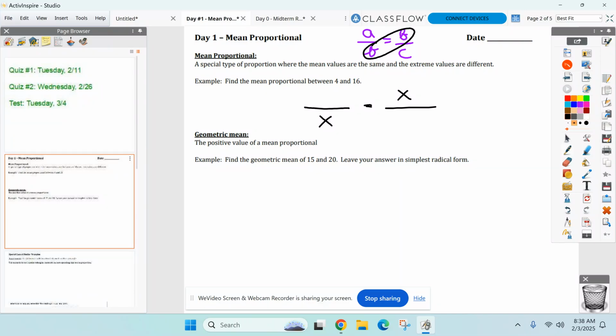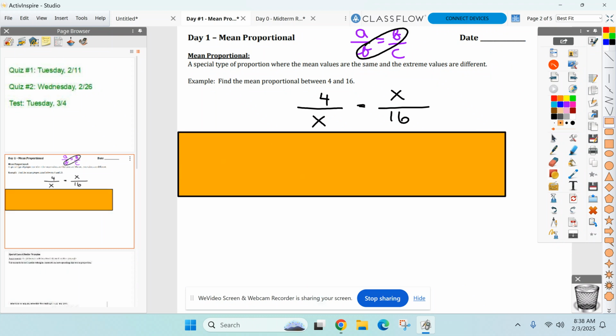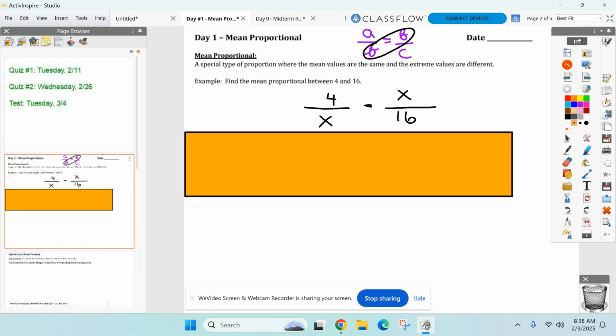And then the extremes now are going to be 4 and 16. So we're cross multiplying. We get x squared equal to 64.